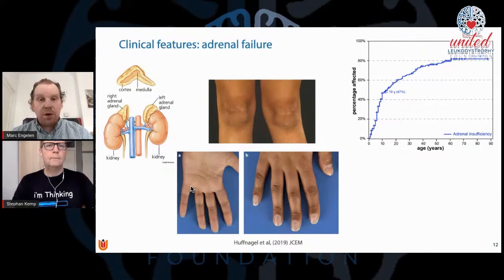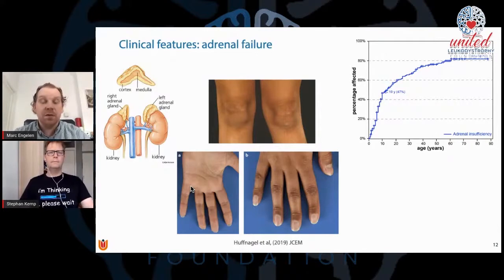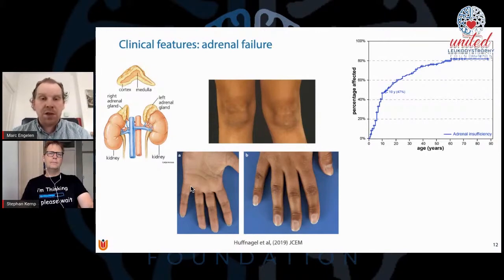And as many of you know, adrenal failure, if you don't screen for it, gives symptoms that are very difficult to detect. The initial complaints are usually vague, like fatigue, abdominal pain, not recovering well from infections, and only in a very late stage do more recognizable symptoms occur, like pigmentation of the skin, as is shown in these pictures.